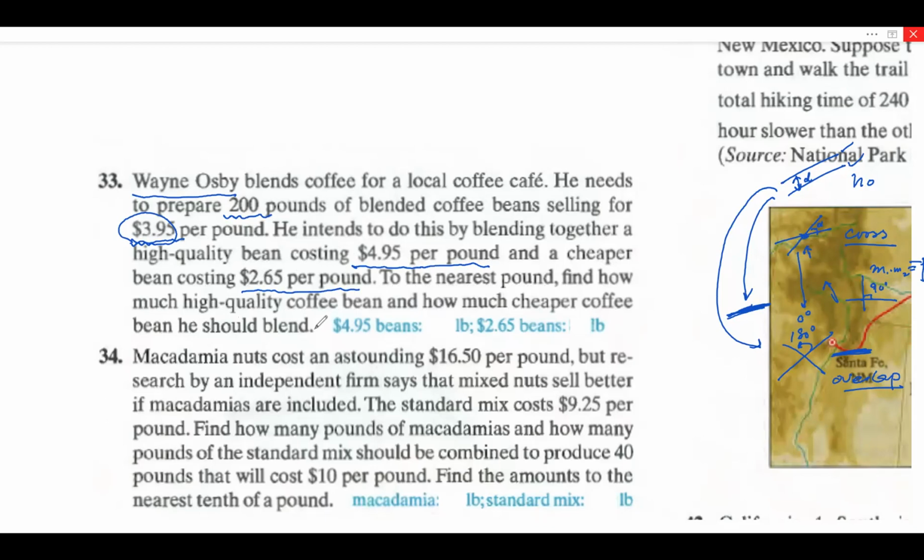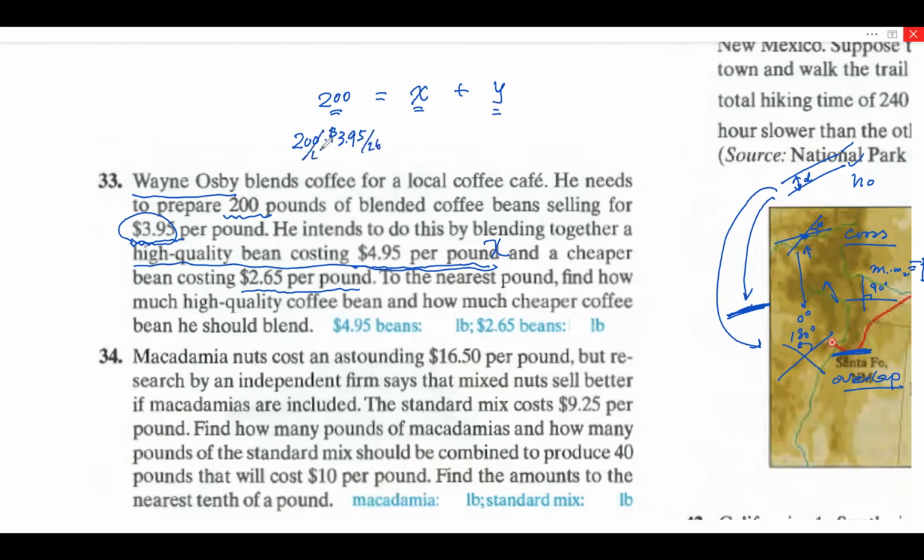First, we know that the total is 200 pounds. Suppose we get X pounds from the high quality bean and Y pounds from the cheaper bean. Mixed together, they will be 200 pounds. Now the money part: the total cost is 200 pounds at $3.95 per pound.